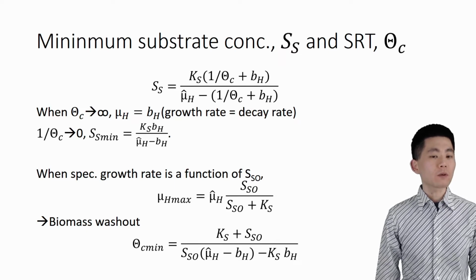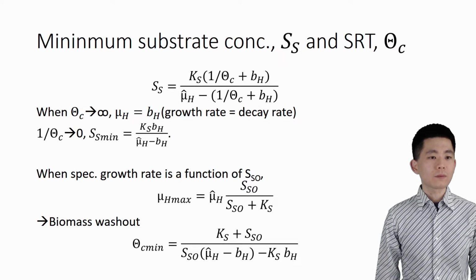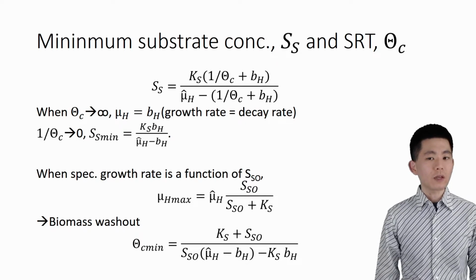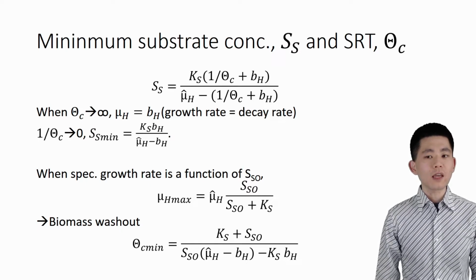From the maximum growth rate, we can calculate the minimum SRT, which causes biomass washout. Although there's no minimum HRT, because there will be degradation as long as biomass is retained in the reactor, it is dangerous to have an HRT lower than the minimum SRT, in case the biomass separator fails.